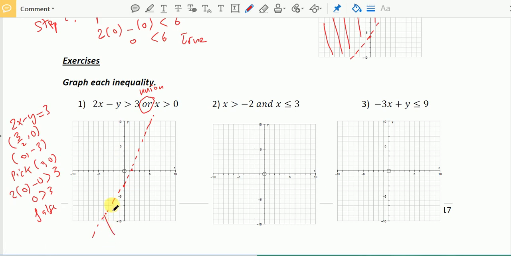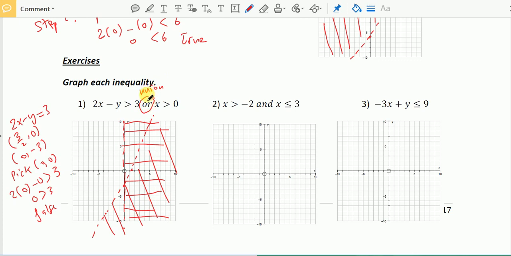Now x bigger than 0. So x = 0 is this line, right? Also a dashed line because there's no equal sign. So bigger than 0 is the whole thing to the right of that. So the solution, since it is OR, is the union.